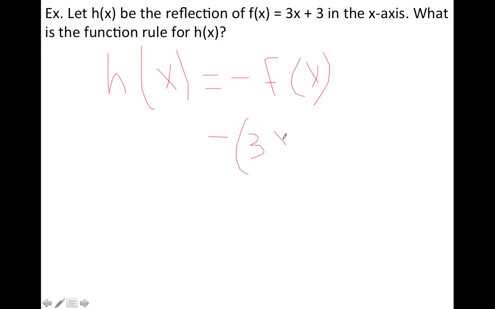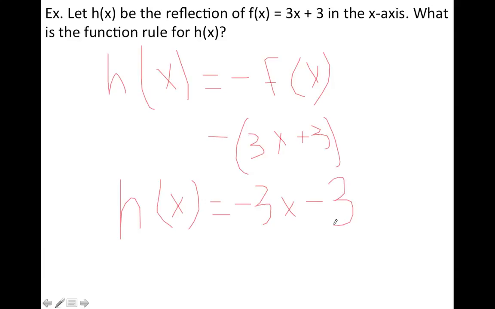We still keep 3x plus 3, but to get our final function rule, h of x, we have to distribute through that negative. So negative times 3x is negative 3x, and negative times 3 is negative 3. And our function rule is h of x equals negative 3x minus 3.